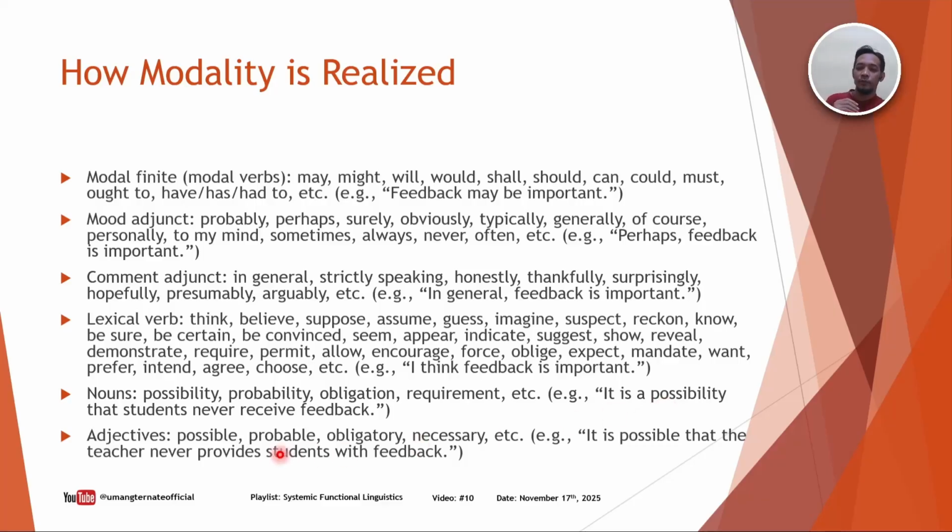And then the last one, modality can also be realized through adjectives. Like it is possible. Like it is a possibility, the speaker uses a noun, but it can also be expressed by using an adjective.